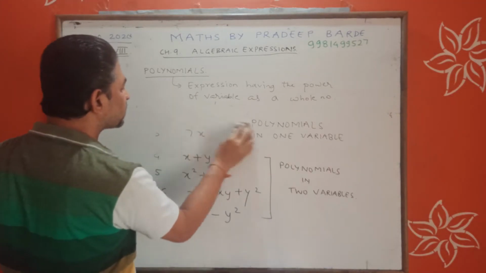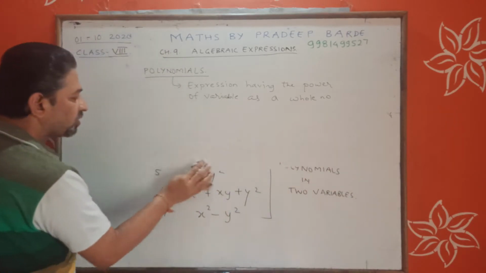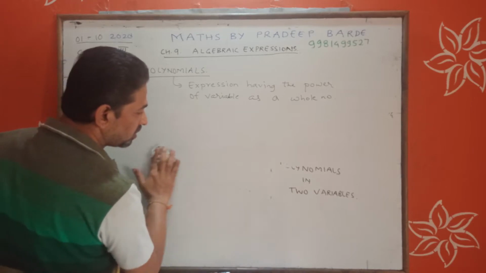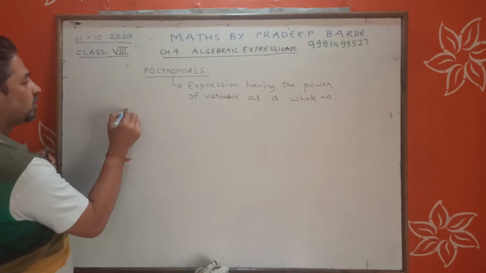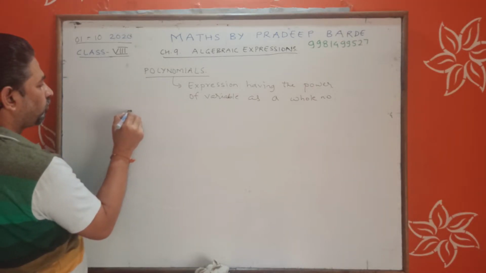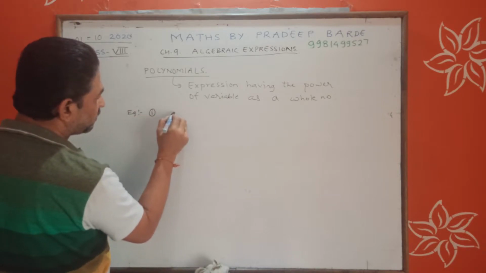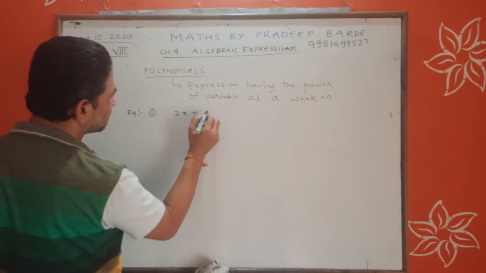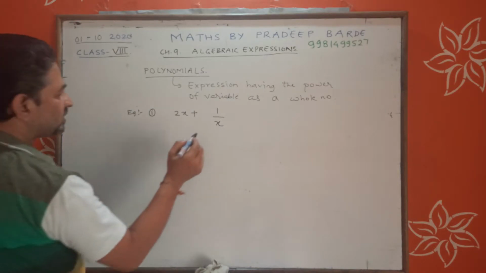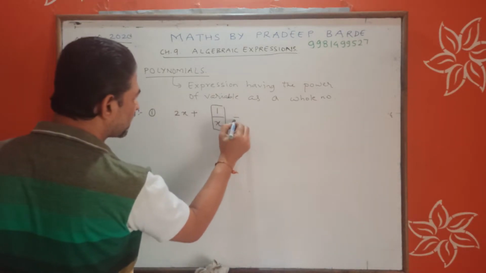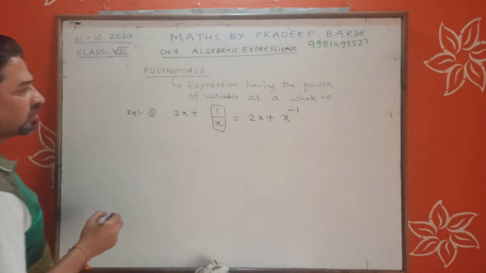Further, let's take some examples of expressions which are not polynomials. For example, if I write 2x plus 1 upon x, this term can be written as 2x plus x raised to the power minus 1.